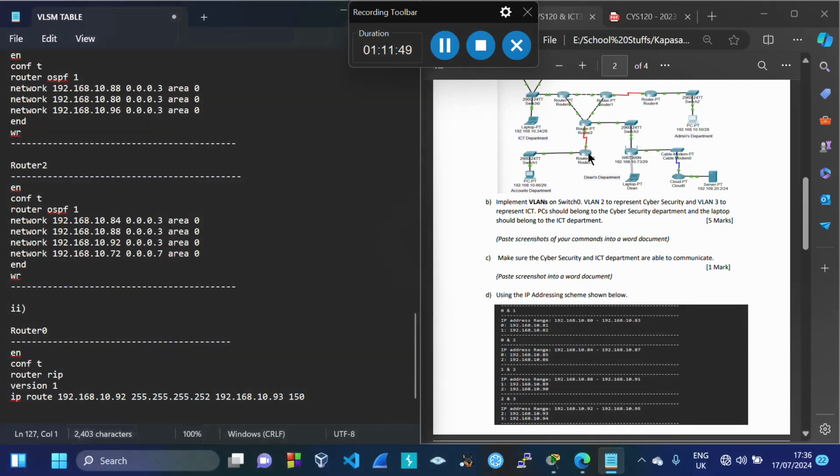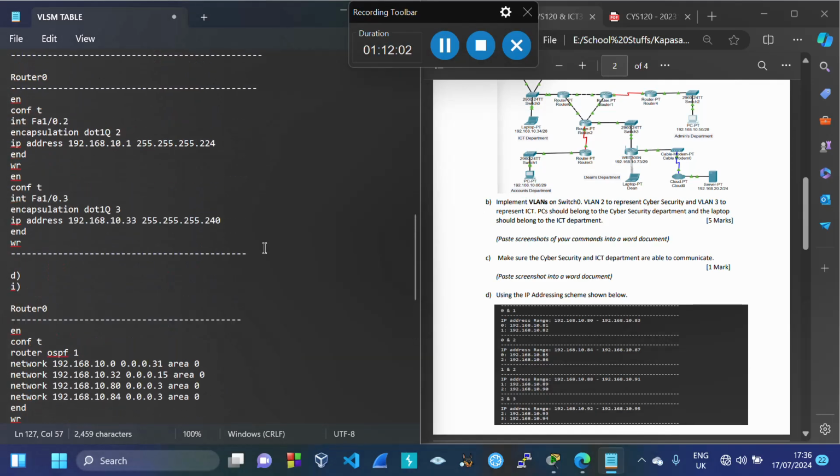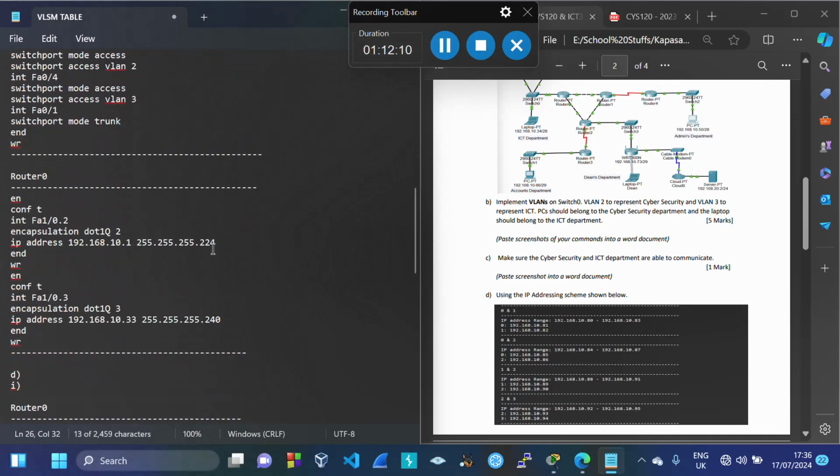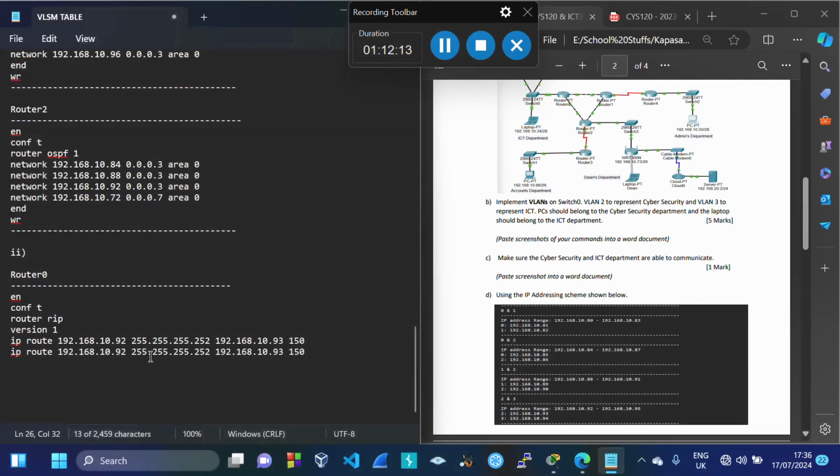Now the next network which is not directly connected to 0 is the accounts. So I'm going to paste that route. Then I'll ask myself, what's the network address for the accounts department? Based on the subnetting we have, the network is .64. Because of that, I'm going to change the 92 to 64.